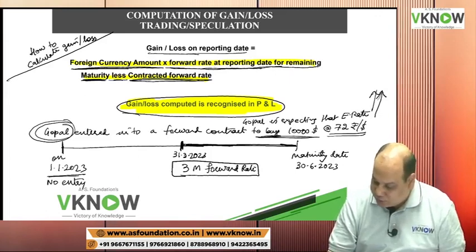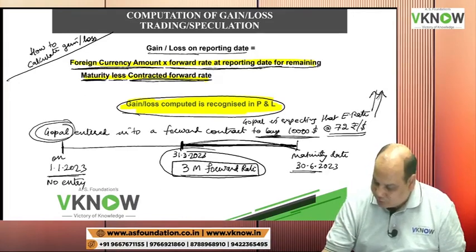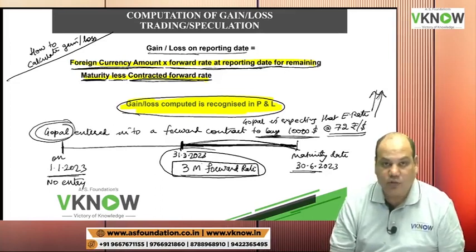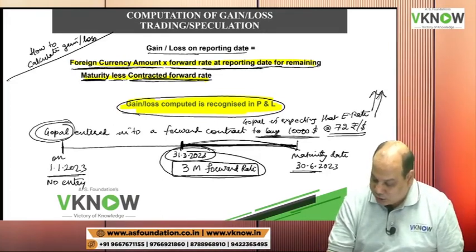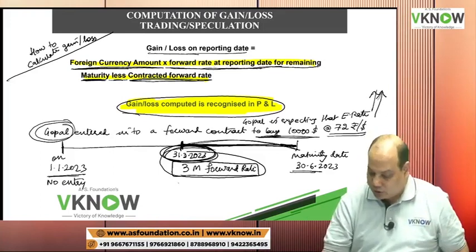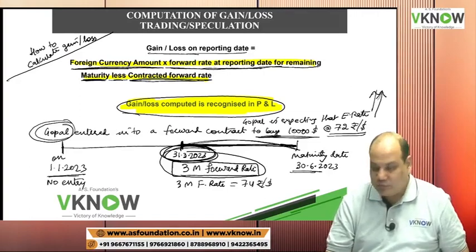That means if somebody today wants to enter into a forward contract which will also expire on the same date, that is called remaining maturity, what is the forward rate? The forex dealer says the 3-month forward rate today is 74 rupees per dollar.